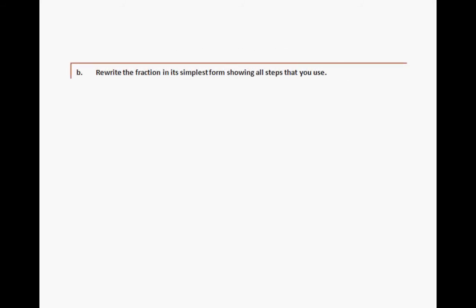All right, so going back to your worksheet, let's answer part 1B. Write the fraction in its simplest form, showing all the steps that you use. So again, going back to 2 and 25/100ths, show your work as to how to simplify this. Now again, the work they show here is a little bit more condensed from what I've shown you, in which we would prime factor 25 into 5 times 5, and prime factor 100 into 2 times 2 times 5 times 5.